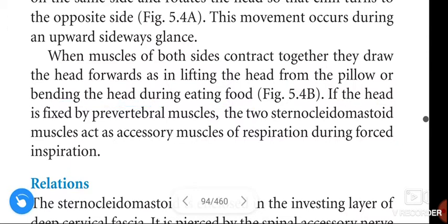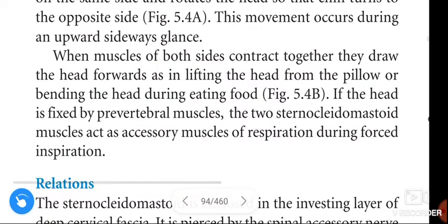If the head is fixed by the prevertebral muscles, the two sternocleidomastoid muscles act as accessory muscles of respiration during forced inspiration.